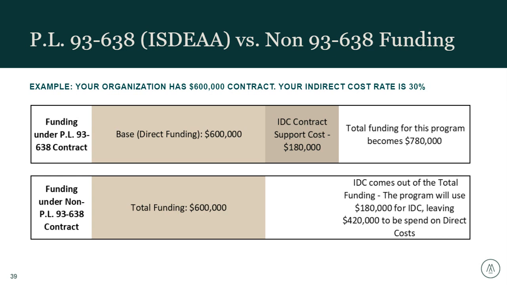So on these two examples, you can see why the type of funding the organization receives is important, and why having a higher rate might be more desirable for the 93-638 contract.